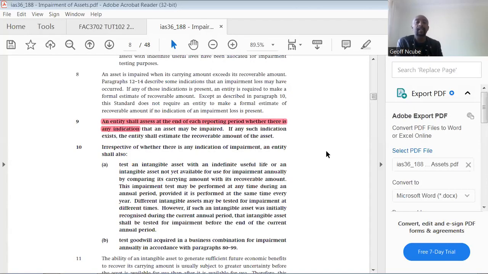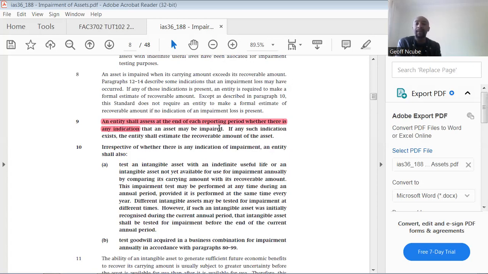So someone might be asking, so Jeff, how do I then determine if there's an impairment loss from a question, right? They're saying an entity. So the entity that you are currently working for shall assess at the end of each, not when they feel like, but at each reporting period, whether there is any indication that an asset may be impaired, right?